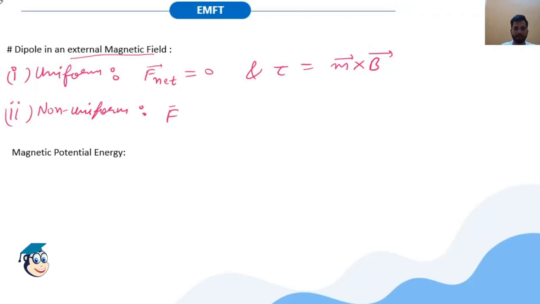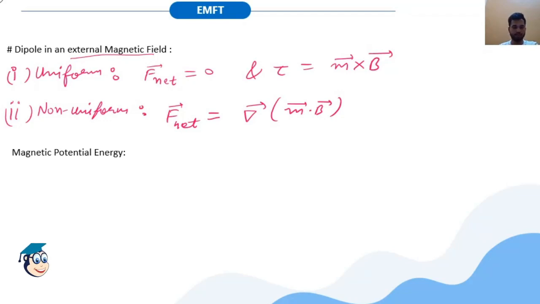In that case, F net would not be equal to 0 and is given by the gradient of m dot B, where m is again the magnetic dipole moment and B is the external magnetic field.